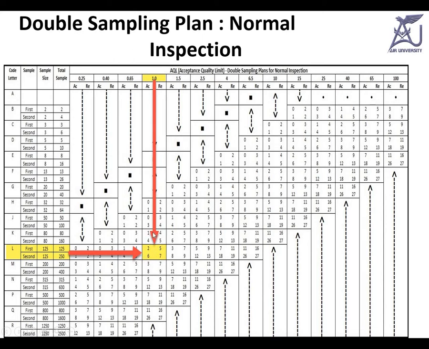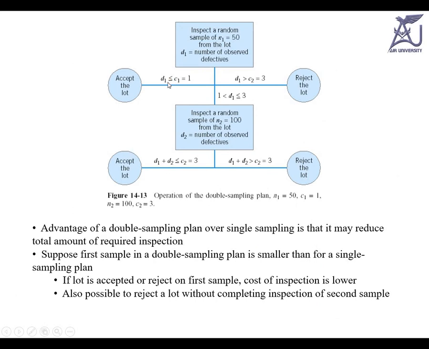Now coming to this chart, first C1 has to be compared with D1. D1 is the observed number of defectives. If it is less than or equal to C1, then we will accept the lot and we will not go for the second sample. But if the number of defectives is more than C2, which in this case is equal to 3, if your defectives are more than 3, then straight away you will reject the lot even on the first sample.